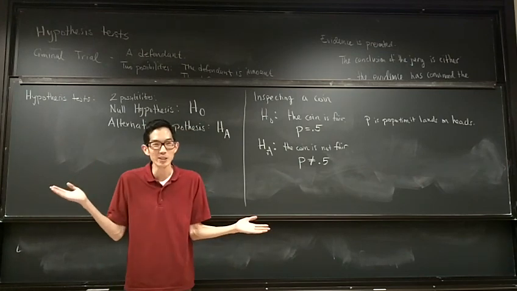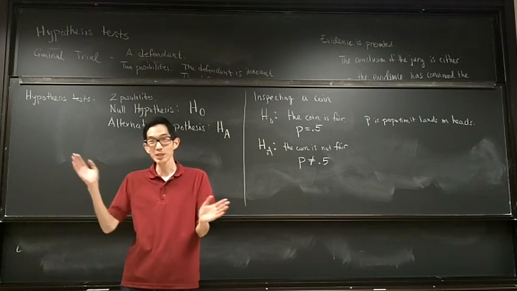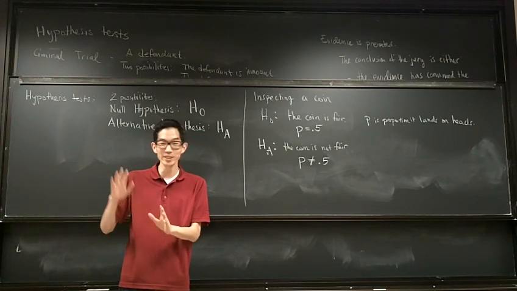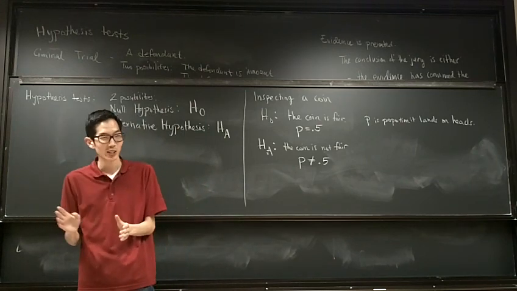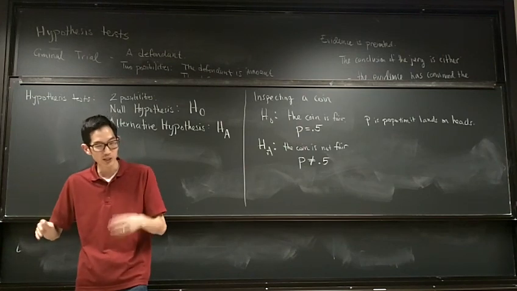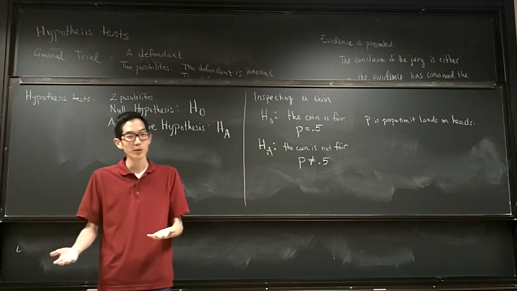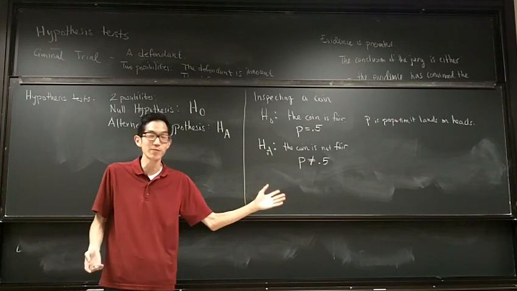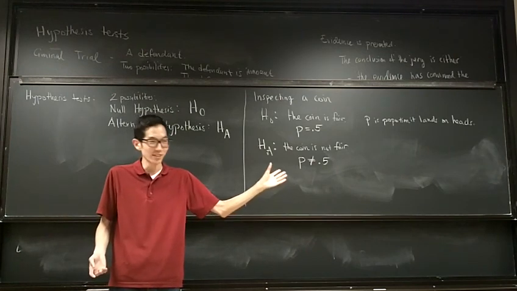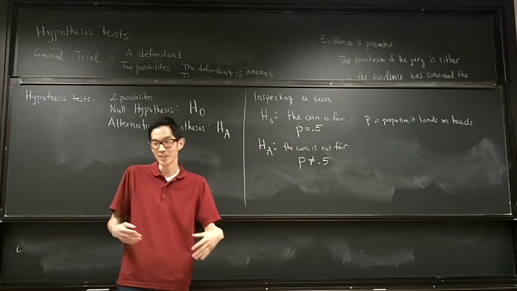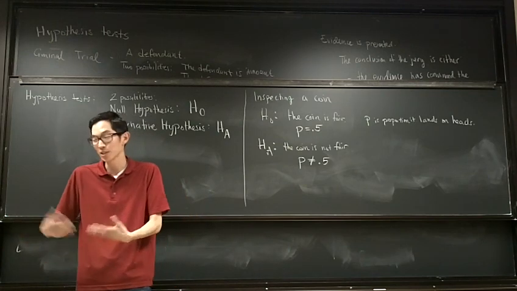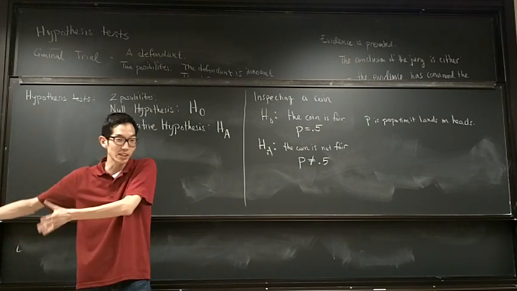How do you explain that? Well, you'd either need some very good explanation to dismiss the evidence presented, or we come to the conclusion that the defendant probably isn't innocent, and the simplest explanation is that the defendant is guilty, and that's why this evidence happened.